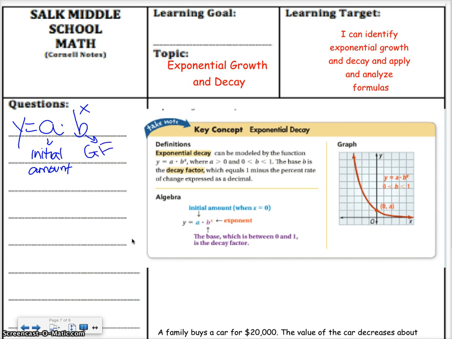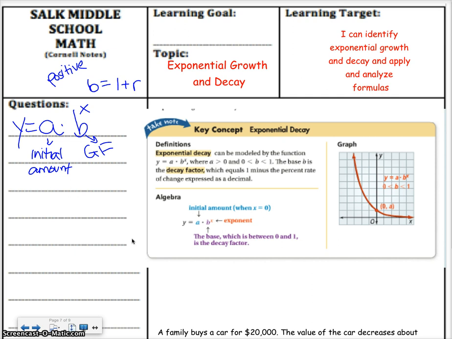Now, there's two different kinds of growth. You can positively grow or negatively grow. So we've already dealt with the positive growth factor, meaning we increased, and B, when it was positive growth, was 1 plus R, which was your interest rate as a decimal.